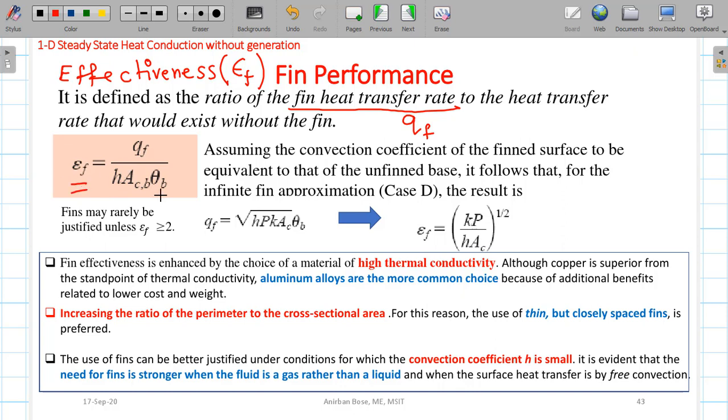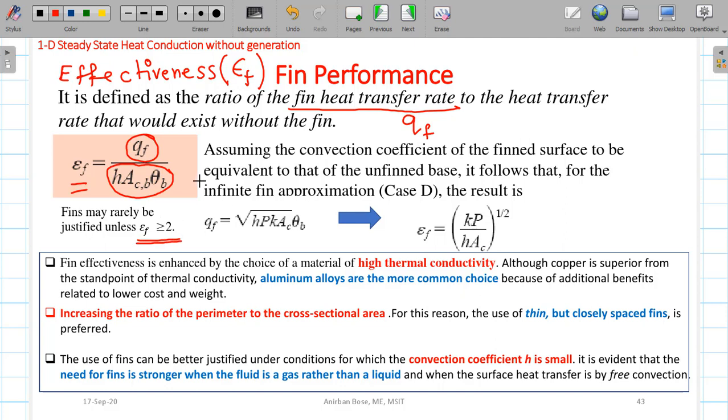Now this is very important because the fin will be justified only if the fin heat transfer is more than the heat transfer without the fin. Definitely if effectiveness is greater than 1, then only it can be justified, but practically it is hardly justified unless the effectiveness is more than 2.